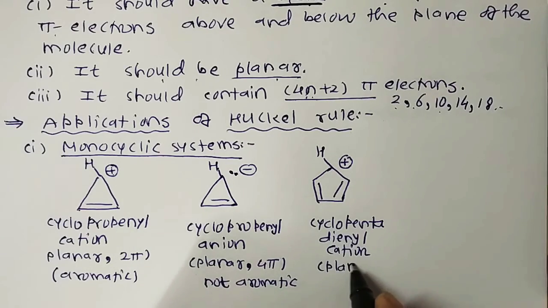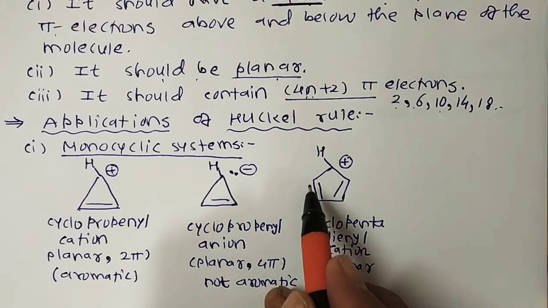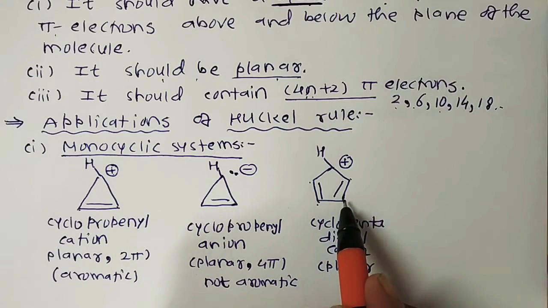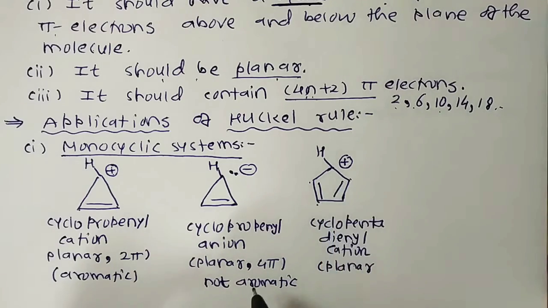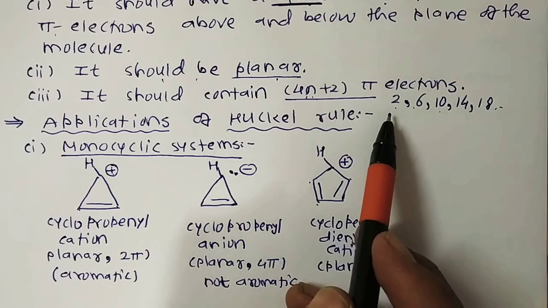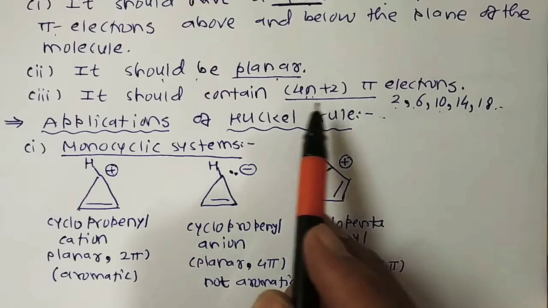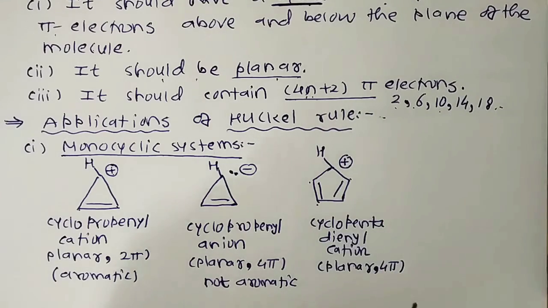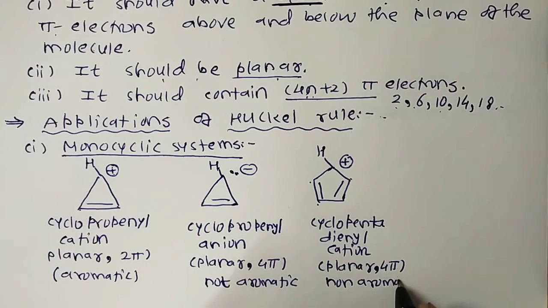Yes, definitely it's planar, because the whole system is sp2. Number 2, how many electrons? So 4 pi electrons. So 4 pi electrons means it's possible? No, 4 is not considered in Huckel's rule. 4n plus 2 pi electrons, right? So it's a non-aromatic compound.